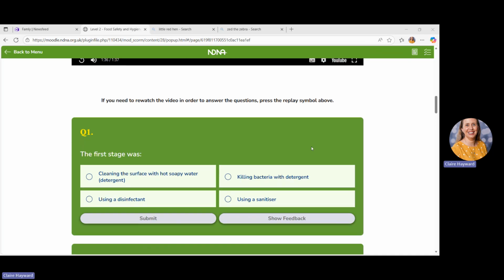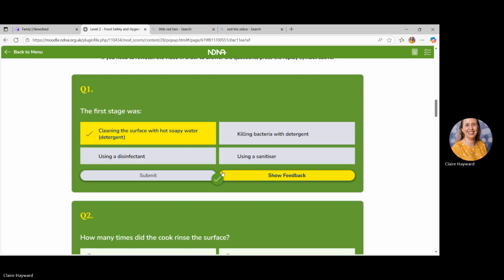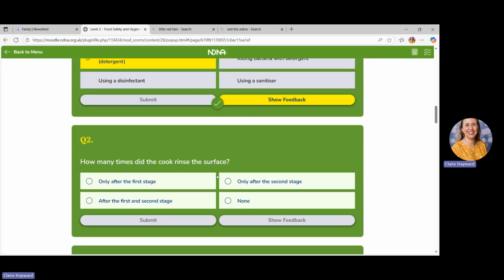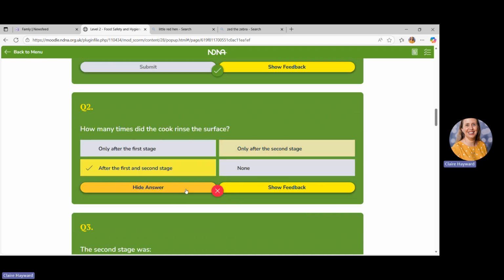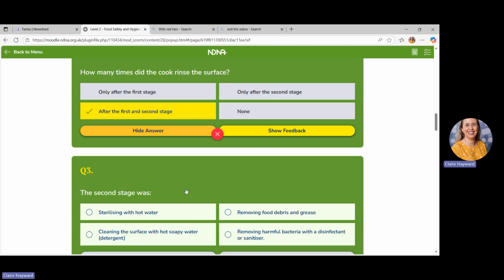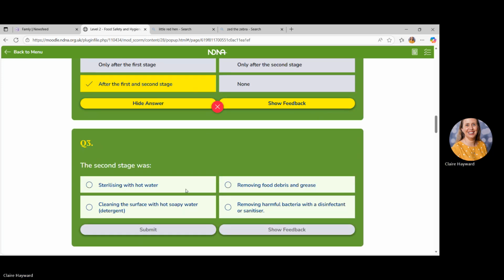The first stage was cleaning the surface with hot soapy water. How many times did the cook rinse the surface? So she rinsed it after the second stage. The answer was after the first and second stage. The second stage was, so she cleaned it with hot soapy water.